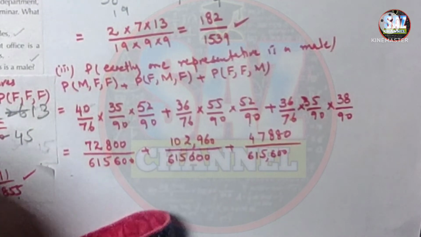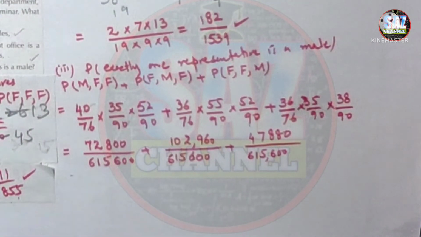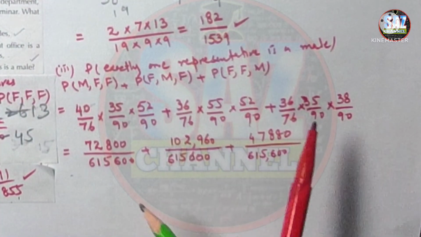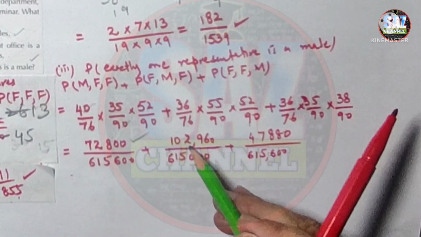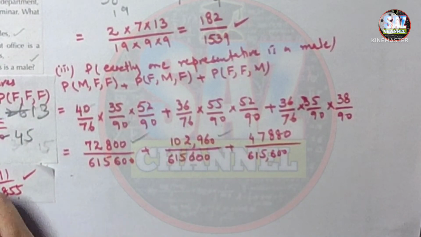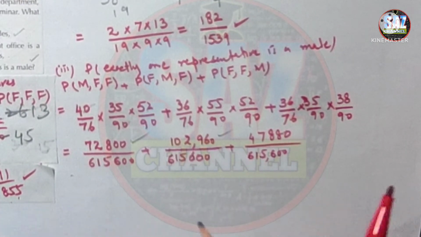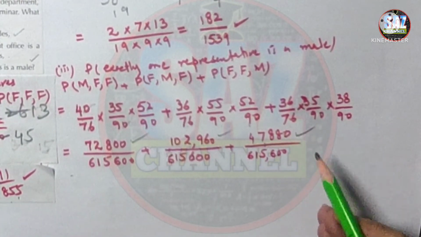Okay, let's reconfirm the data. It's really important for such large calculations. 40 multiplied by 35 multiplied by 52 gives me 72,800. 36 multiplied by 52 multiplied by 55 gives me 102,960, and 36 multiplied by 35 multiplied by 38 gives me 47,880.